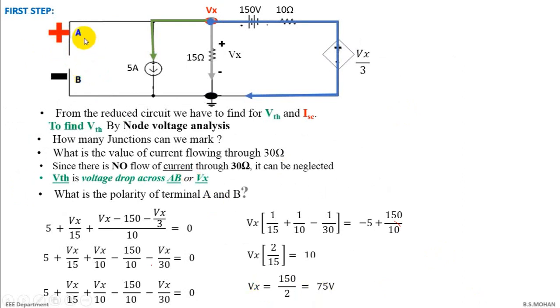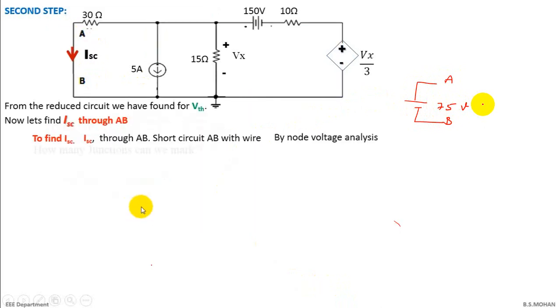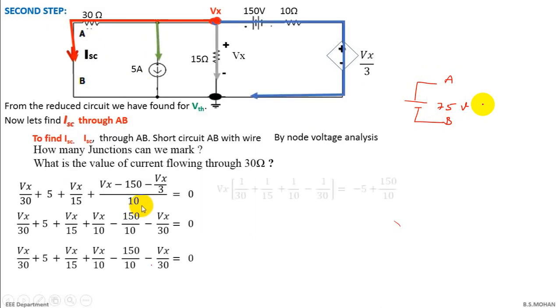However, what was point A? We assumed point A as positive and point B as negative, and then the value is 75. This is important. I repeat, point A is positive, point B is negative, and it is 75 volts. Remember, point A is positive. So we'll see how we write the Thevenin equivalent now.